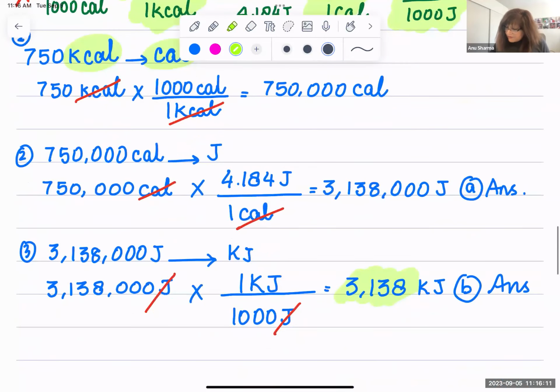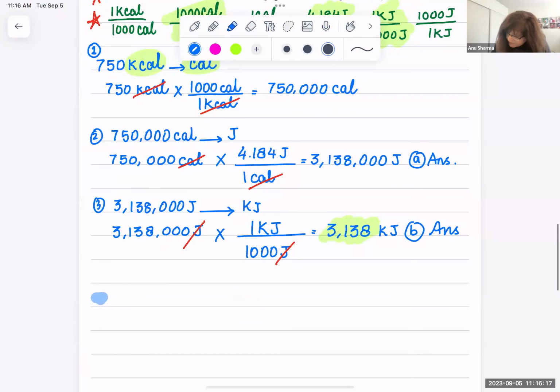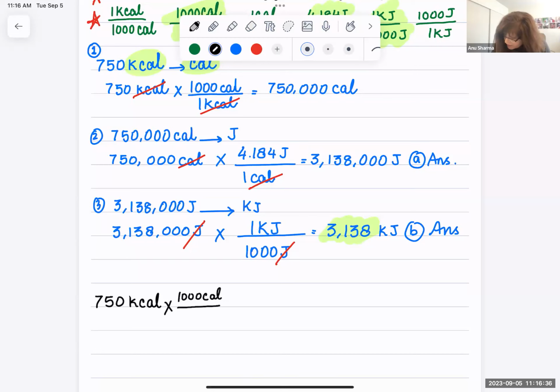But let's see if I can set this one up for you. So in one row, let's do this here: 750 kcal times 1000 calories over 1 kcal, times, now we need to get rid of the calories, 4.184 joules over 1 cal.